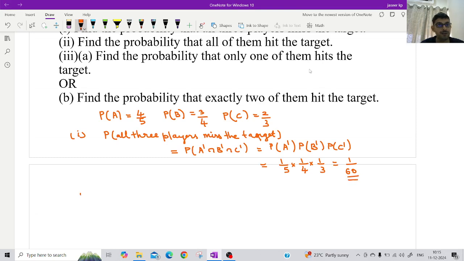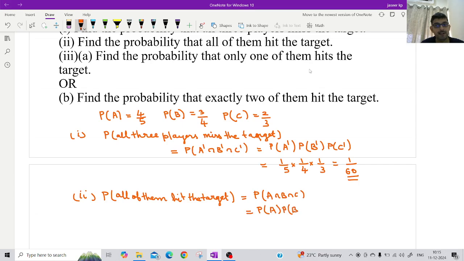Now second question, find the probability that all of them hit the target. So that means probability of A intersection B intersection C. So that is P of A into P of B into P of C, where A is hitting the target, B is hitting the target, and C is hitting the target.